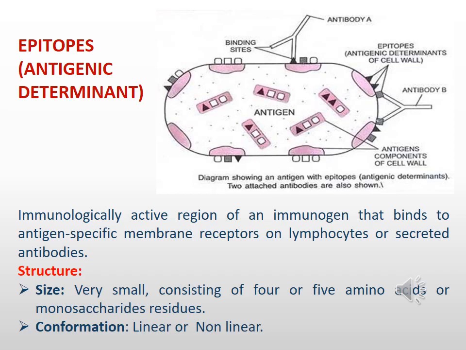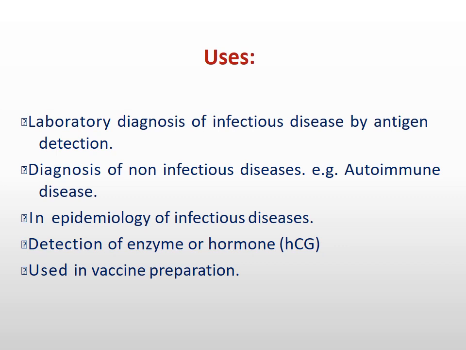Okay. Next, after going through this, we will discuss the uses of the antigen. This antigen can be used to diagnose infectious disease, because the exogenous antigen comes into our body from pollen, bacteria, and virus.